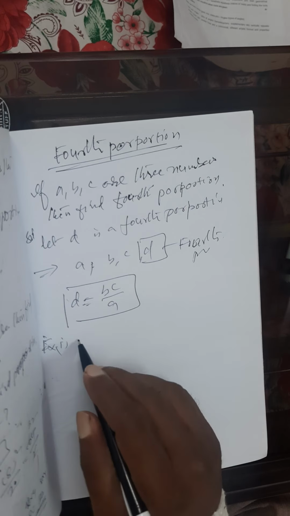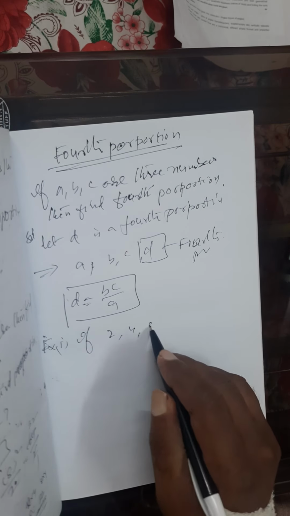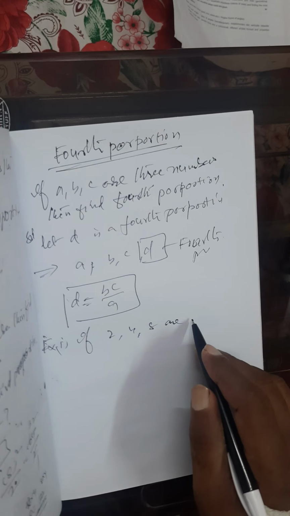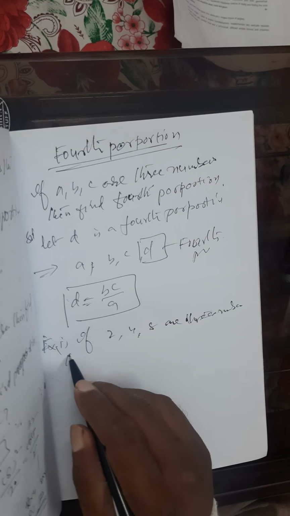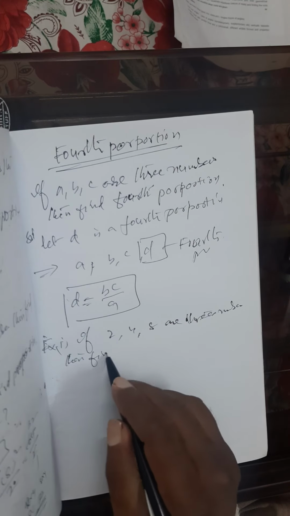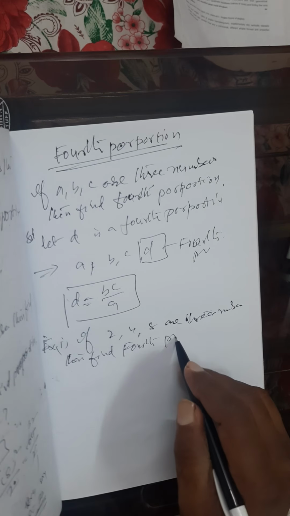Take one example. If 2, 4, 8 are three numbers, then find the fourth proportion.